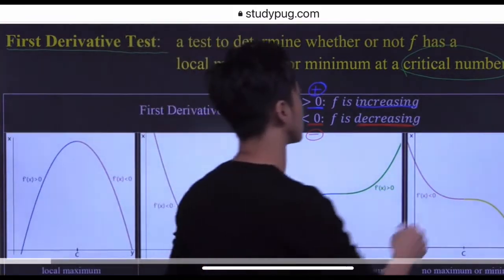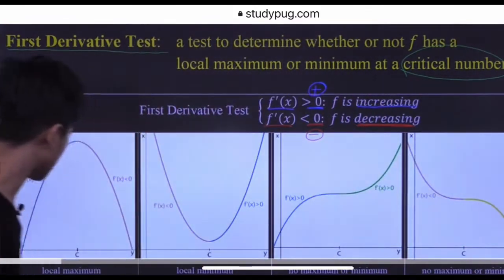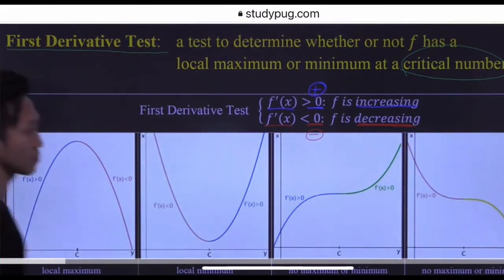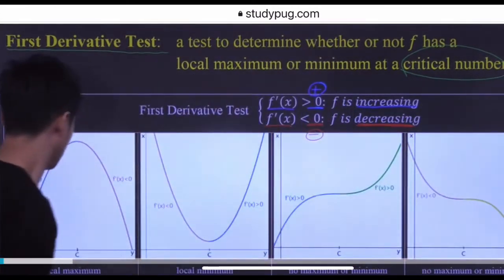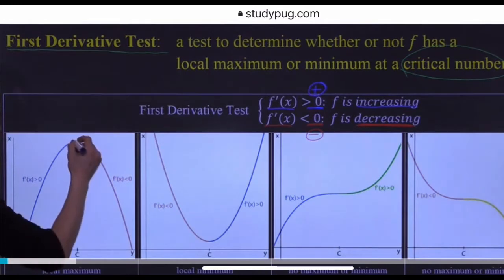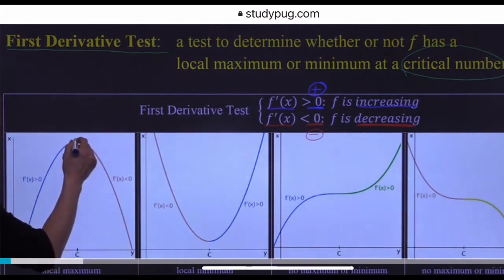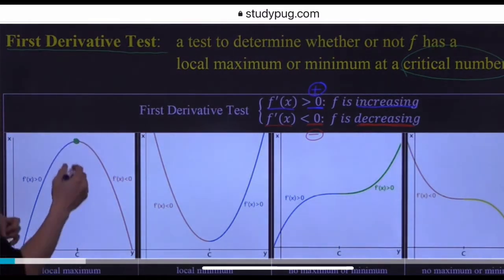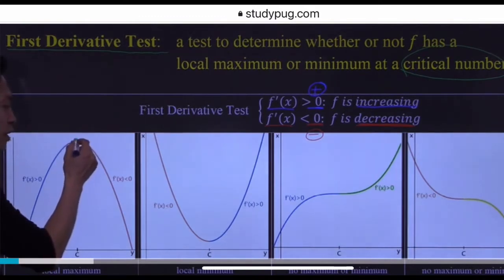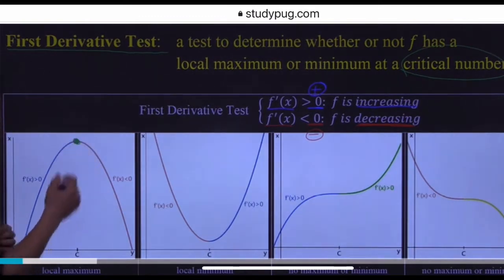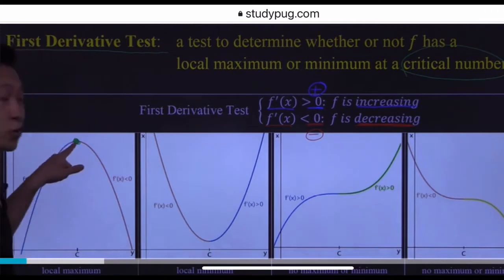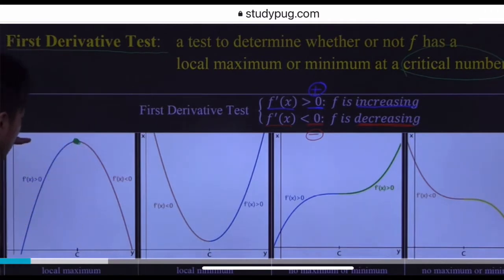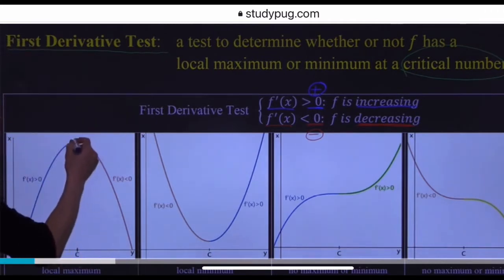Now, look. First case. We see that we have a critical number, we have a critical point right here, right? Because the first derivative of the function is equal to 0 at this point, right? So therefore we have a critical point. Okay, so the slope of the tangent line at this point is equal to 0.